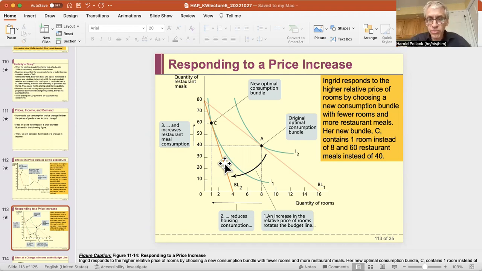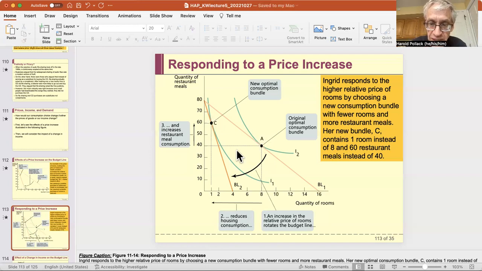If you raise the price of something that I have to buy a lot of, like my mortgage becomes way more expensive, it's not just that it's changing my trade-off between housing and other things, but I'm also kind of now effectively poorer because I have to spend money on my housing. And if that gets way more expensive, I just have less money to spend on everything else. So, but you can see in this example, I'm really going to move over towards the restaurant meals to a great extent.